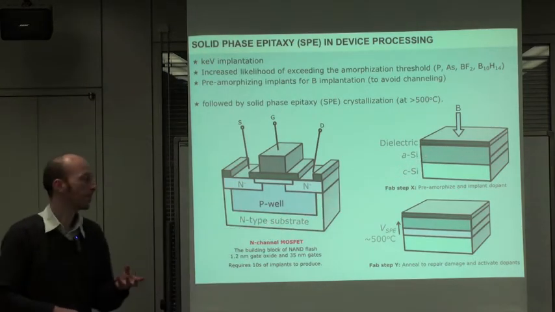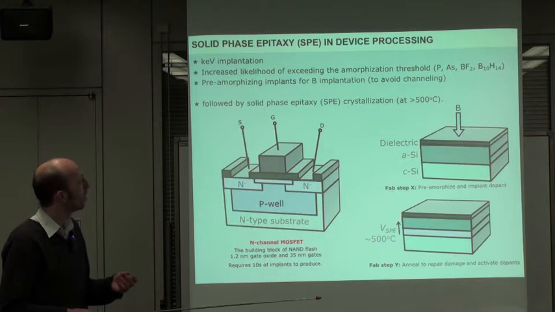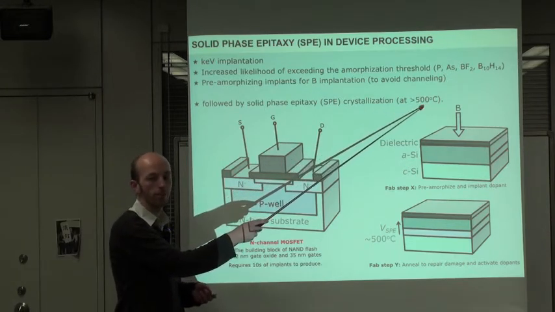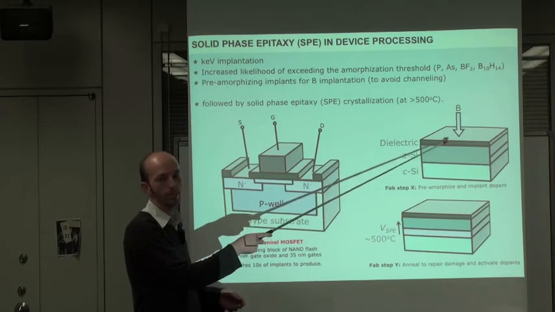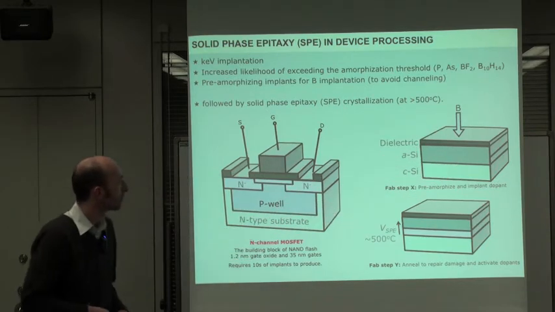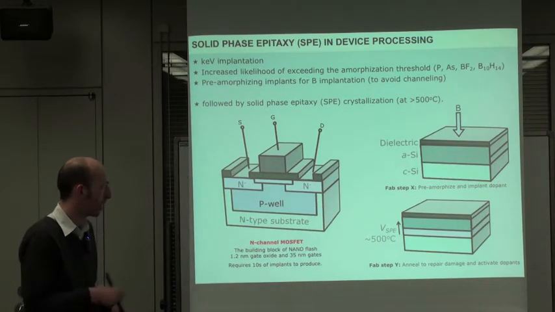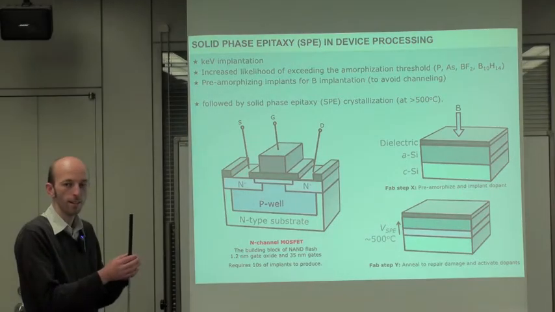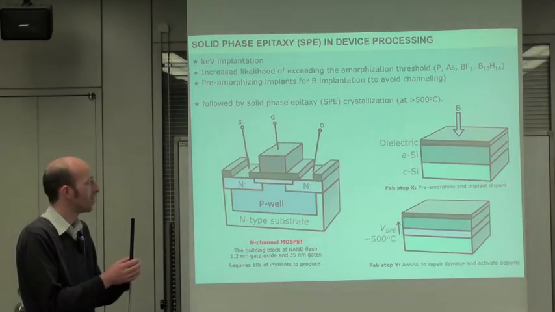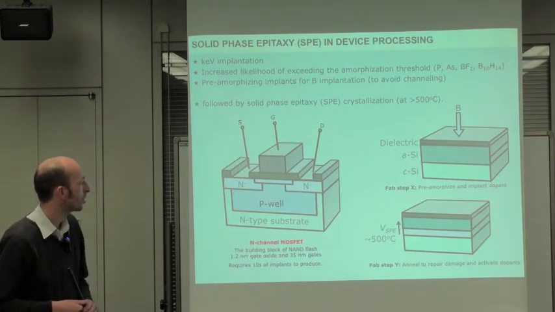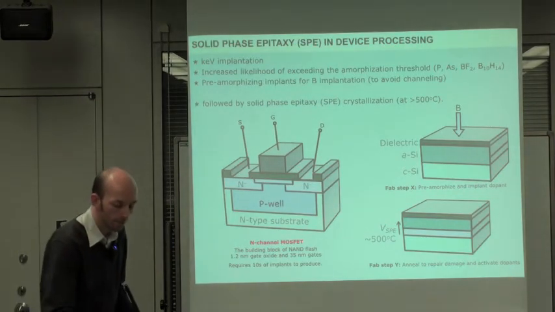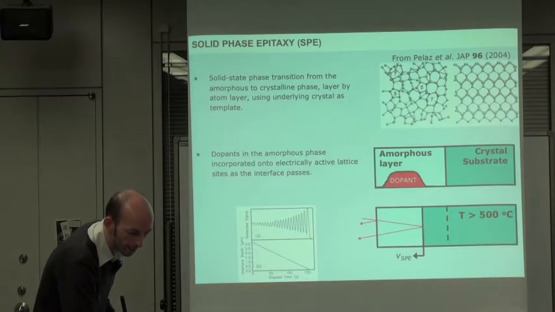Then you would use some thermal treatment, say above 500 degrees, to activate the dopants and to recrystallize this. And this has been identified as being the most promising way to activate dopants with a low thermal budget. So it's a popular technique.